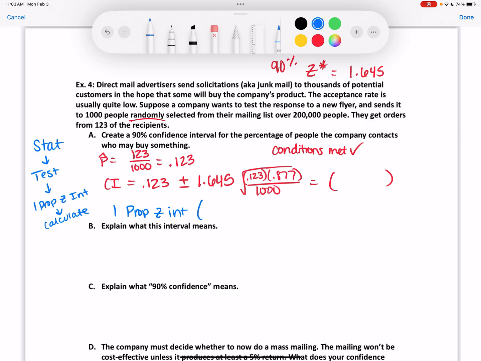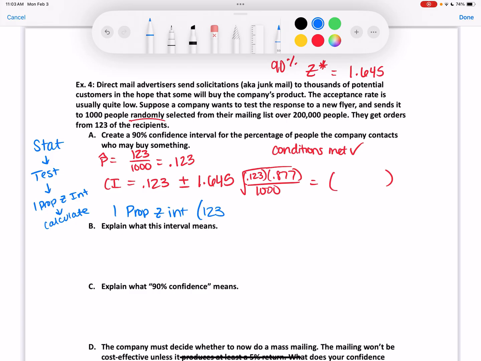So there's all different ones. You've got to make sure you read closely what you're looking for. There's a 2-PropZInt. There's also a 1-PropZTest and all kinds of different things. So you've got to make sure you pay attention to which one we're using for which situation. Right now, I need this 1-PropZInt. It asks me for x, which is 123.